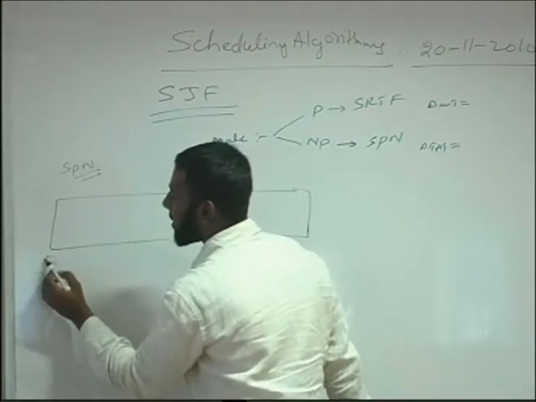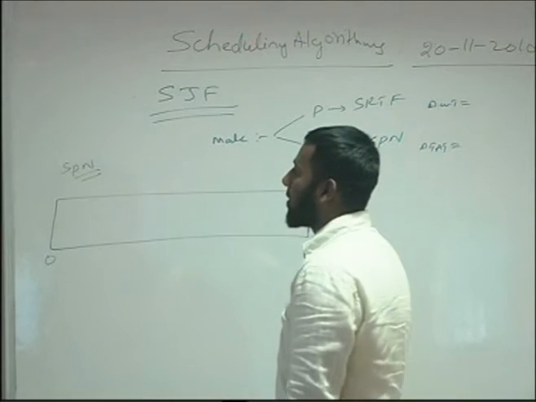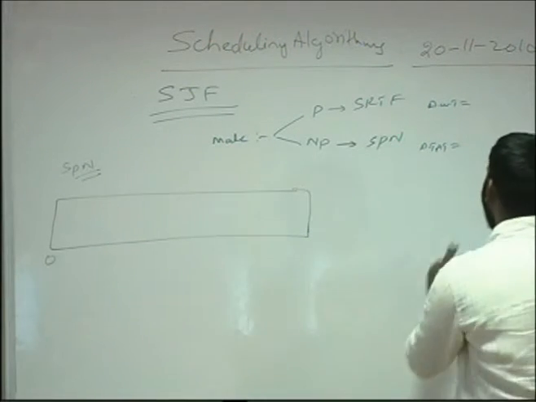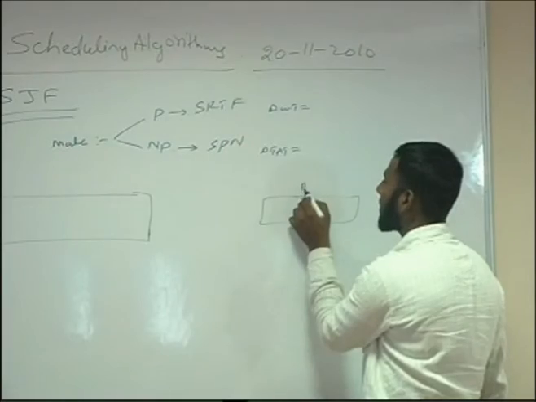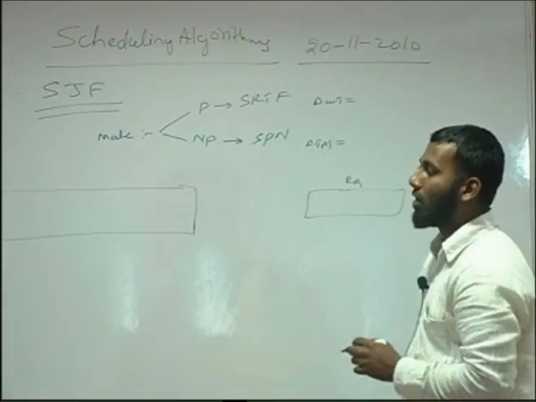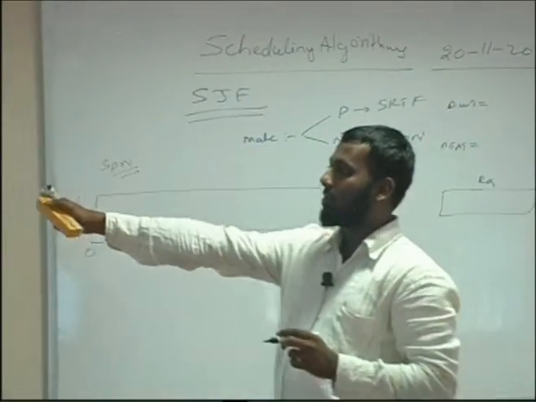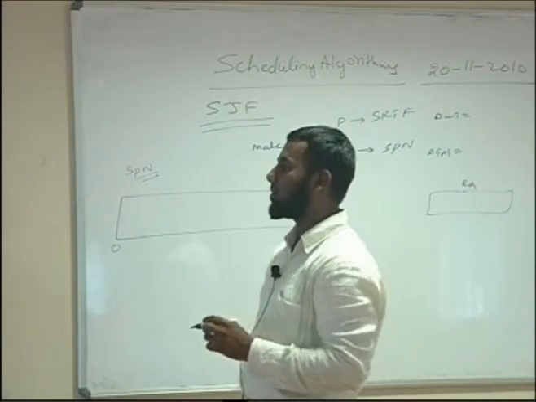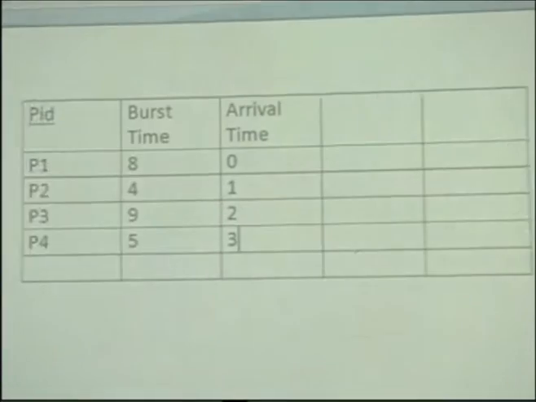You know that Gantt chart starts from 0. Now at time 0 I have a ready queue. At time 0, please take down this table, so it will help you in writing this Gantt chart.